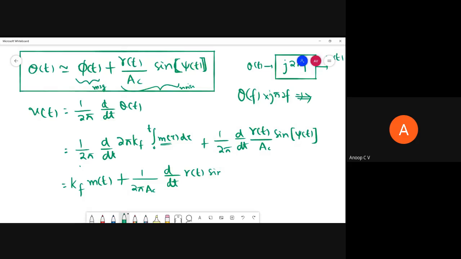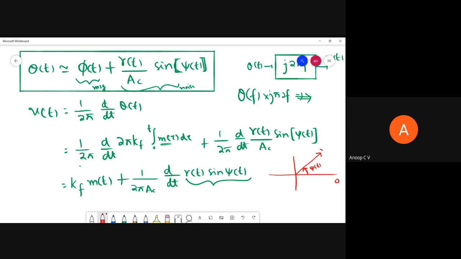r of t sine psi of t. But what actually is this r of t sine psi of t? If you remember, I'll draw the phasor. This is phase equal to 0. The phasor r of t was like this, and it made an angle psi of t with our reference.